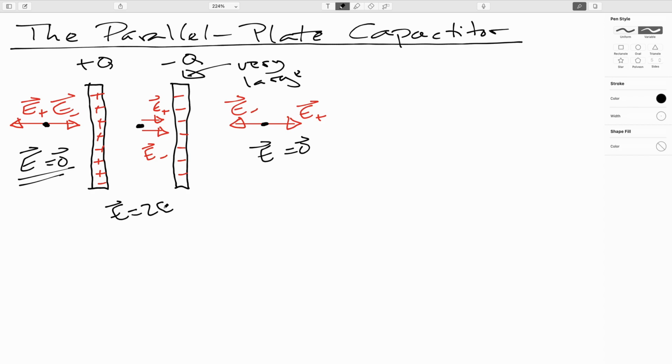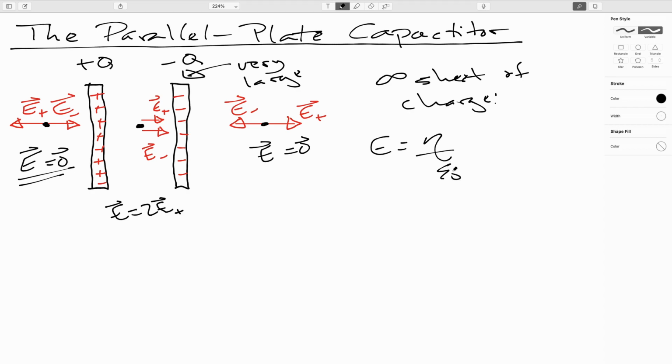And since by the symmetry of the situation they're equal, we can note for the moment that the electric field strength is, say, 2 times the contribution from the positive plate. All right, so let's figure out what that is. For an infinite sheet of charge, we already saw that the electric field strength was eta over 2 epsilon naught.